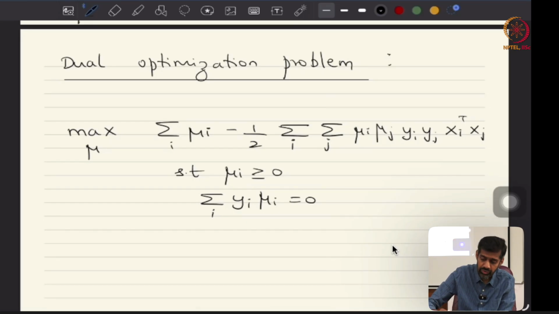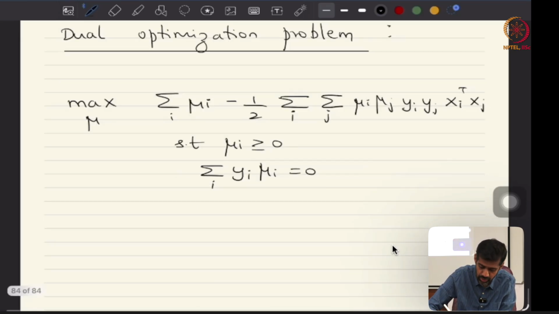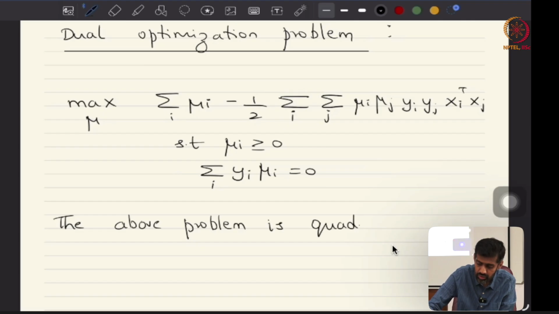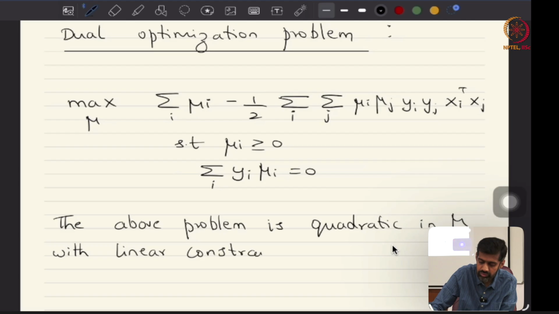Now if you look at this problem, it is quadratic in mu with linear constraints, isn't it?